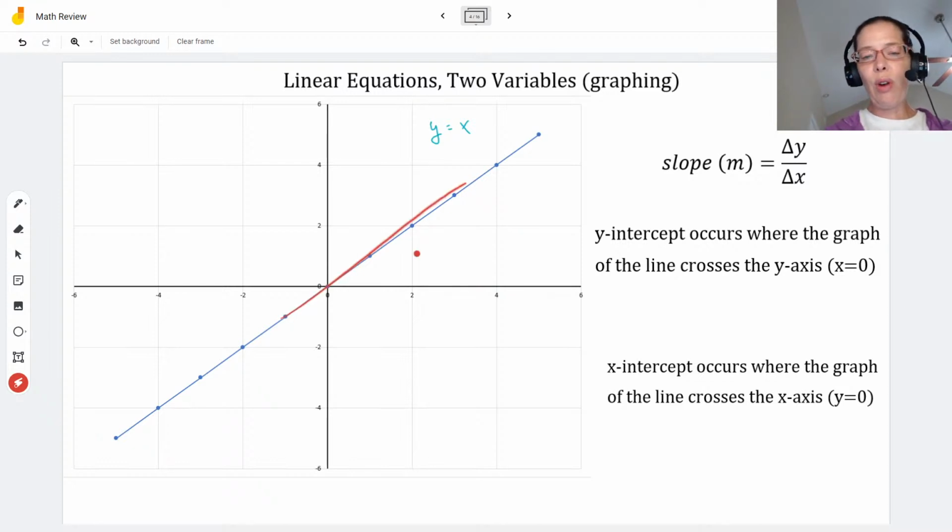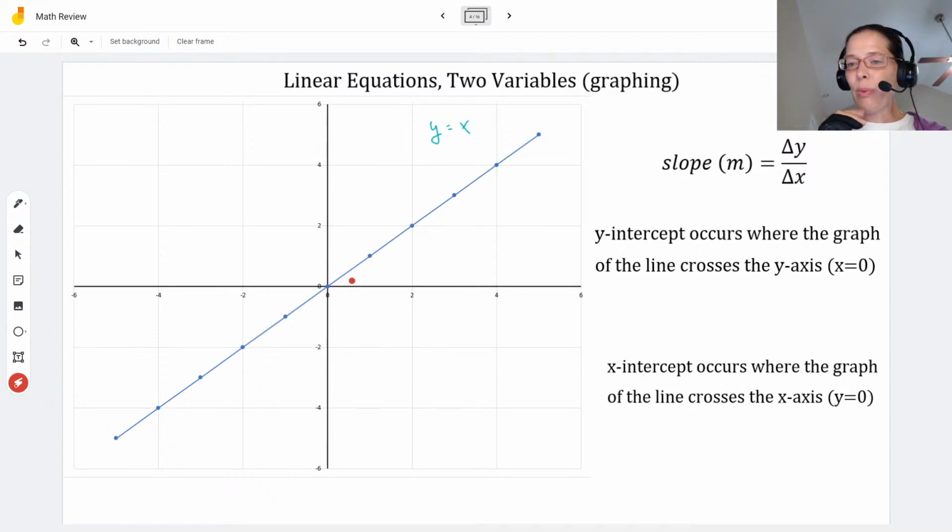So for this graph here, you can see if I started at 0, 0 and I went to 1, 1, my y value changes by 1 and my x value changes by 1. So my slope here is 1.